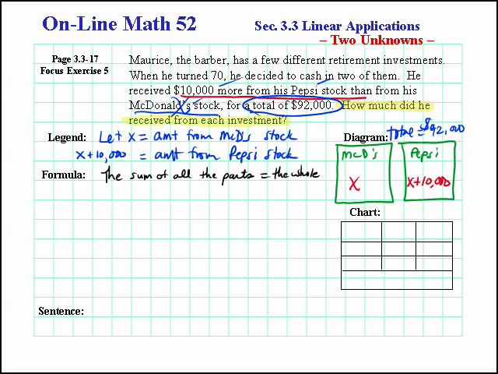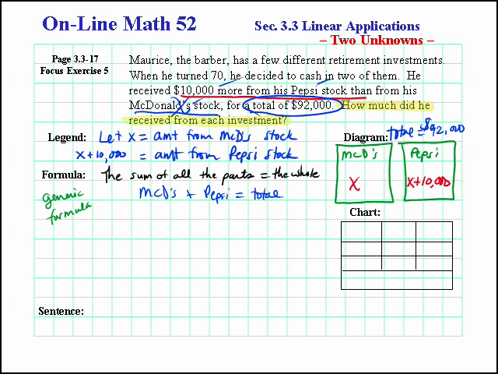I call that the generic formula because it's just something that so many other formulas are based on. With that in mind, the parts in this case are the McDonald's stock plus the Pepsi stock, which must equal the total.